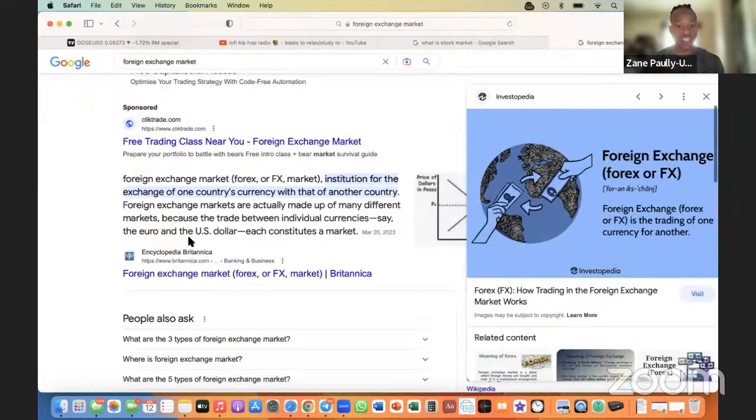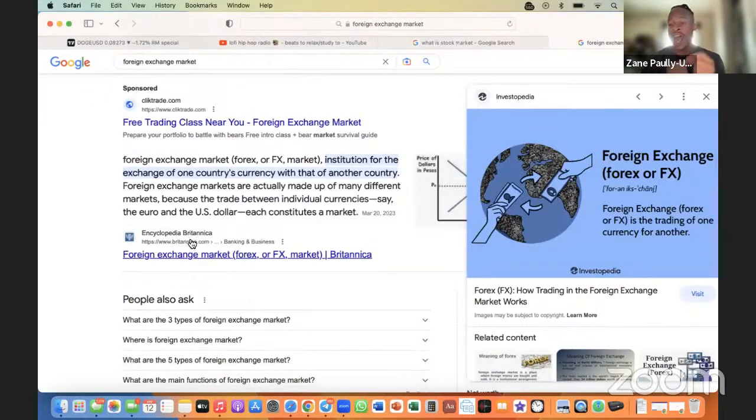Foreign exchange is pretty much like, for example, I'm from Nigeria. So whenever I have to go back to my country, I have to exchange my money in order to spend Naira in Nigeria, because that's the Nigerian currency. It's called Naira. And in the United States, we have the United States dollars.